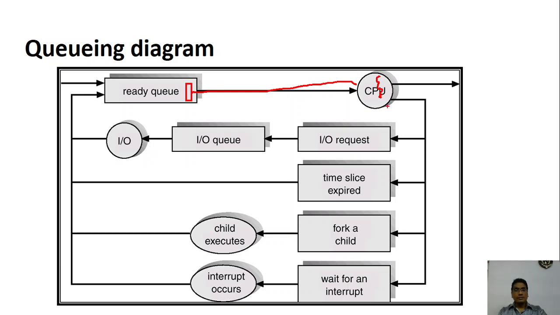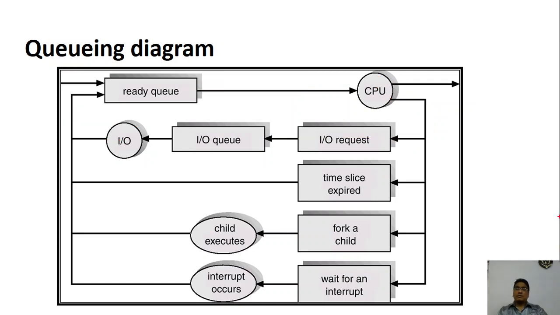As they start executing, if they make an input output request, then they will be kept in the input output queue of the specific device. And once the input output they are waiting for, suppose a keyboard input, arrives, they will come back again to the ready queue, and this process will continue.